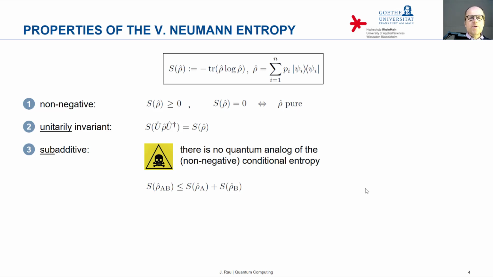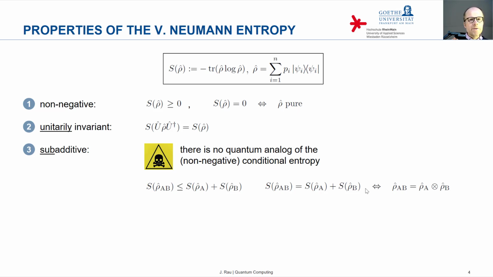And what also continues to hold is the condition for equality, namely you have equality if and only if the two systems are uncorrelated. If you have a product state, if rho AB is rho A tensor rho B, then and only then the entropy is additive.